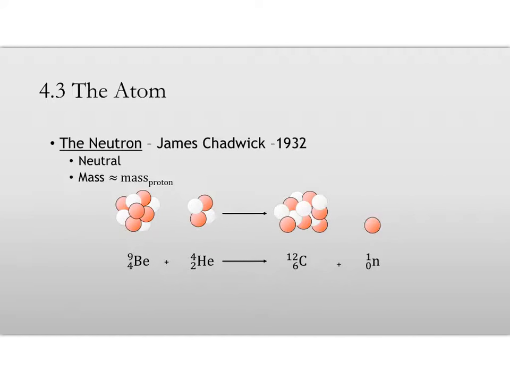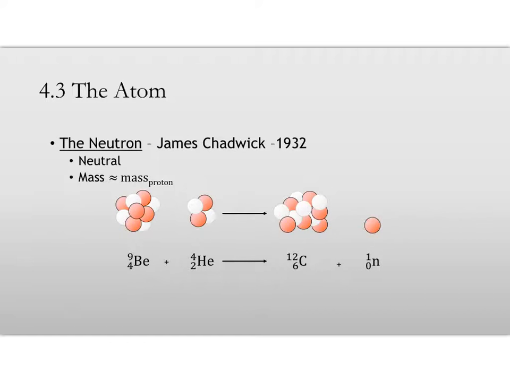The neutron was discovered in 1932 by James Chadwick. It took much longer to discover because neutrons don't have a charge, so it doesn't interact with anything positive or anything negative chemically, or in any way that they were able to figure out at the time.